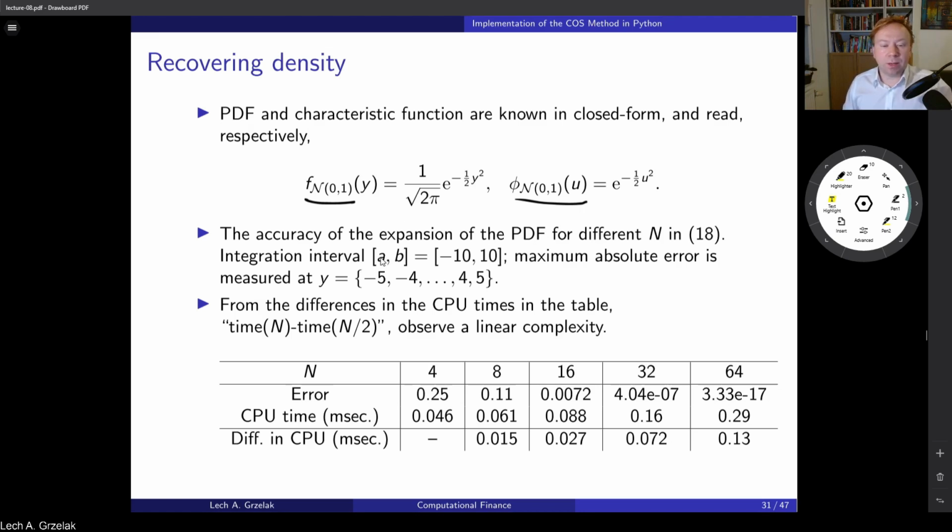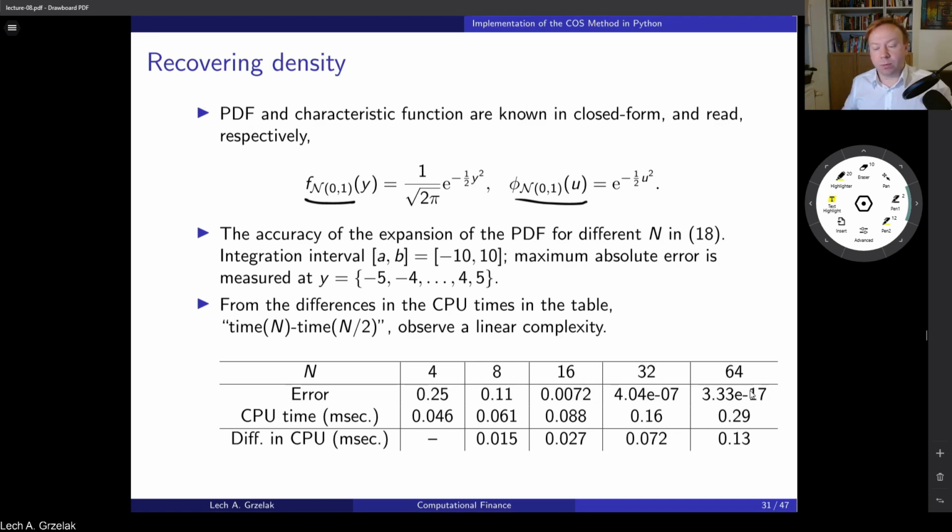In the experiment, we define A and B to be minus 10 and 10, so this is the domain of our distribution, and we are interested in values of the PDF at given points: minus 5, minus 4, until 5. In the experiment, we will be checking what is the error that we generate depending on the number of terms. And then we also measure the time. So this is the objective here.